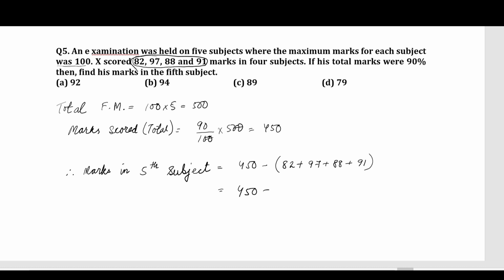So 450 minus the sum. 8, 9, 10, 17, 18; 16; 18, 34; 35. So 450 minus 358, that is 10 minus 8 is 2, 14 minus 5 is 9. So marks scored in the 5th subject is 92 marks. Option A.